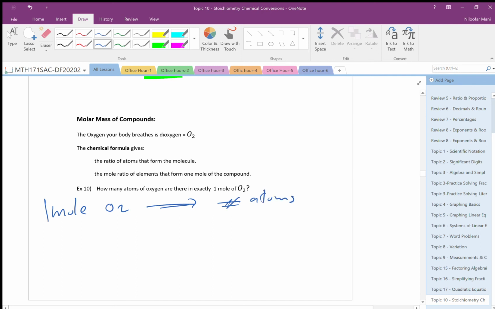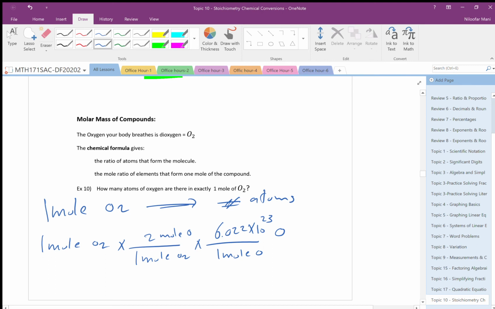From 1 mole of O2, I have to first go to how many moles of O. So 1 mole of O2 is 2 mole of O. Multiply by 1 mole of O is 6.022 times 10 to the power 23 atoms of O. So now I can cancel mole of O2, and I can cancel mole of O, and atoms of O is left, and this is what I want.